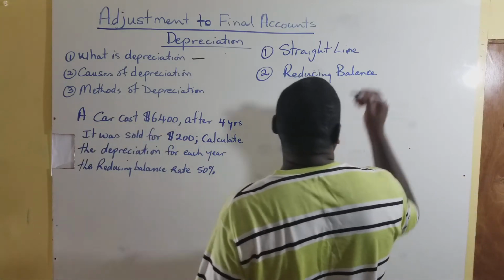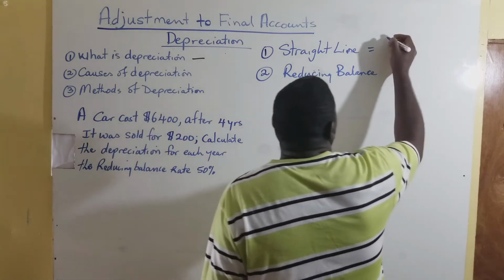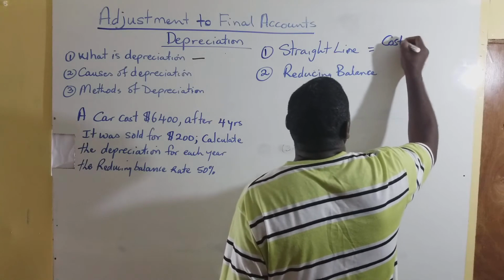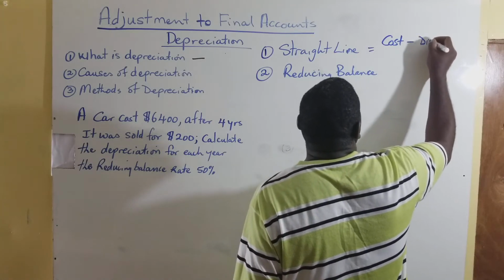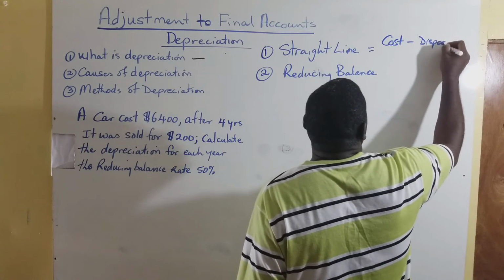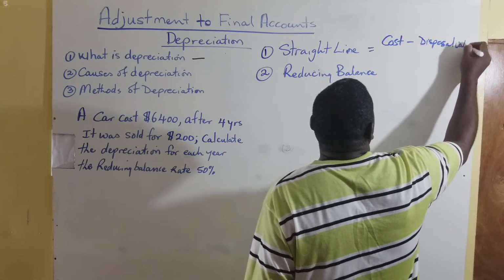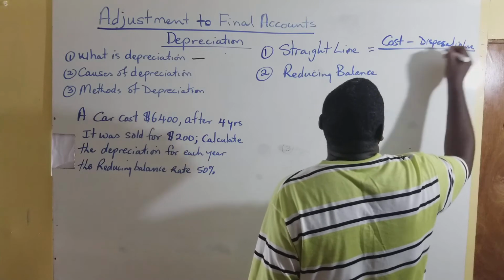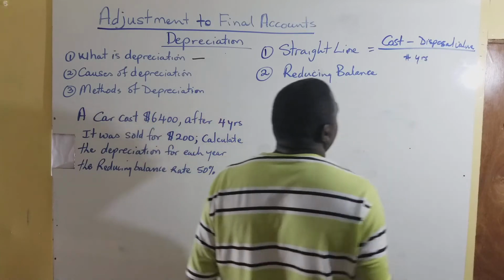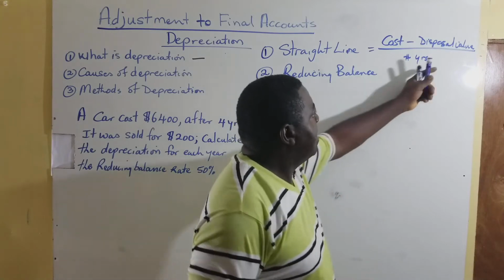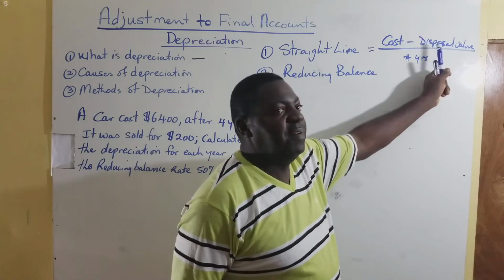To do the straight line method, it is the cost of the asset, minus the disposal value, divided by the number of years. Sometimes it is referred to as a disposal value.